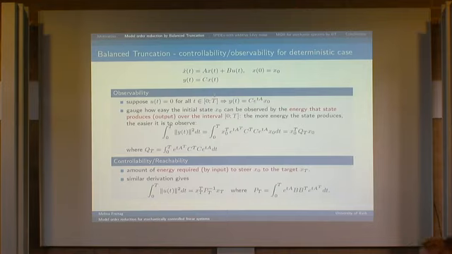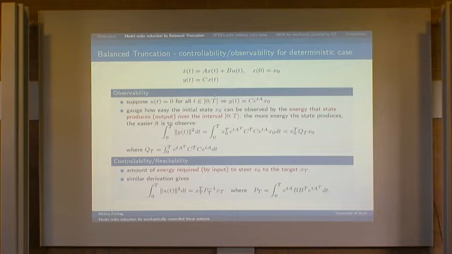Okay, so you've got two concepts. You have states that are easy to observe and states that are easy to reach, and then you've got states that are not so easy to observe and states that are not so easy to reach. It's also a dual concept. And the idea, which will also turn out to be useful for the stochastic differential equation, is that any states that are easy to reach and any states that are easy to observe, you want to make them the same.